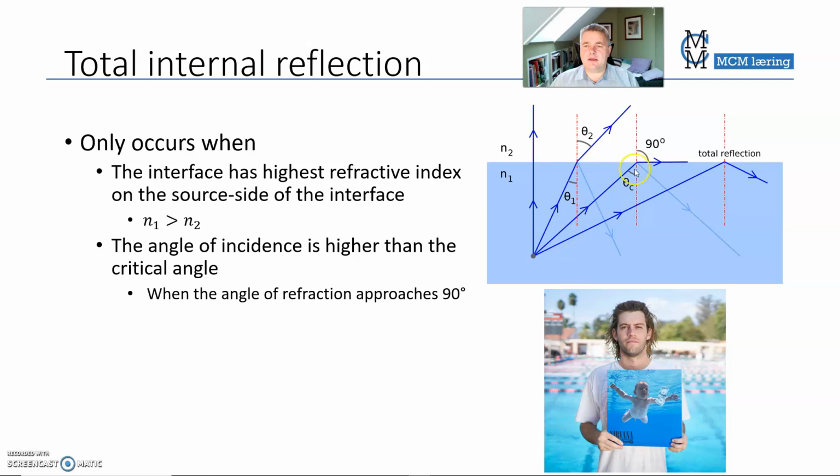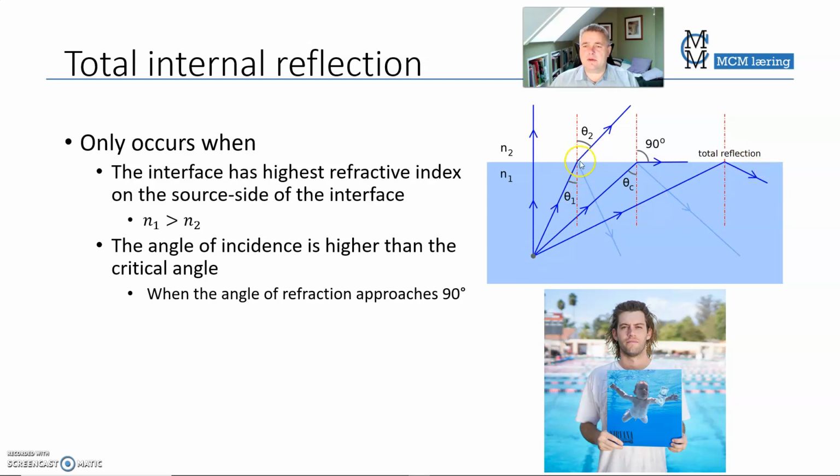When the angle increases, you come to something called the critical angle, theta c, where the refracted beam falls on the interface between the two materials. If you increase the angle furthermore, you get what is called total internal reflection. That is when all the light reflects to the other side.